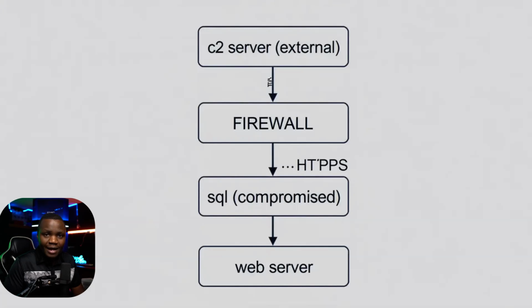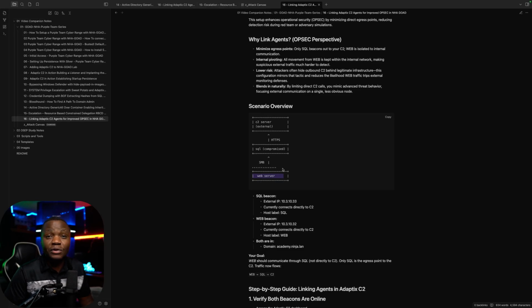That's one way. Another way is that in the network, there might be some segmentation. Maybe the web server is an internal web server and it has no business talking externally. Maybe people can only access it internally. So what should we do? In order for us to talk to it, we might not be allowed on the firewall. So we can have an SMB beacon running on that server.